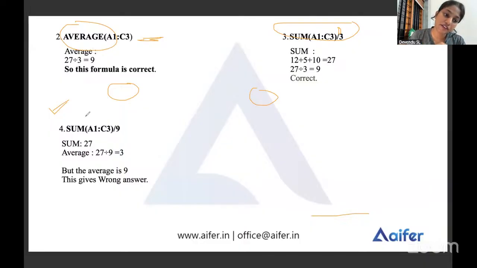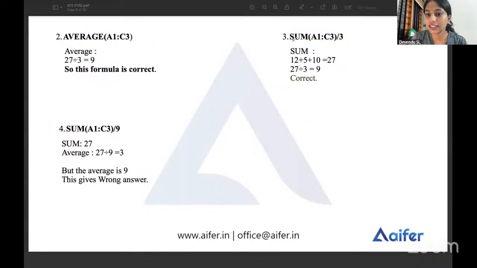When we look at the third, the command given is sum, and here the range is A1:C3, as we said earlier.